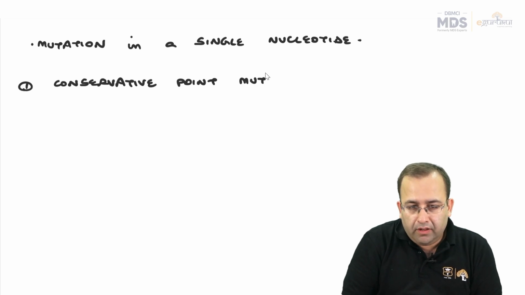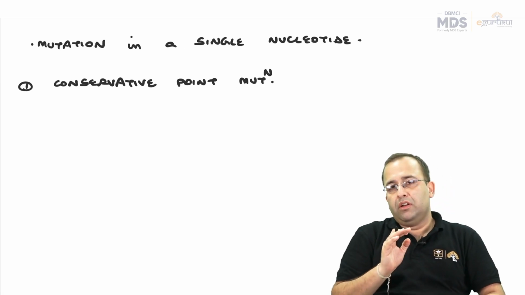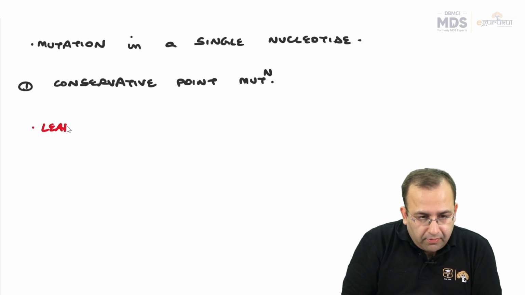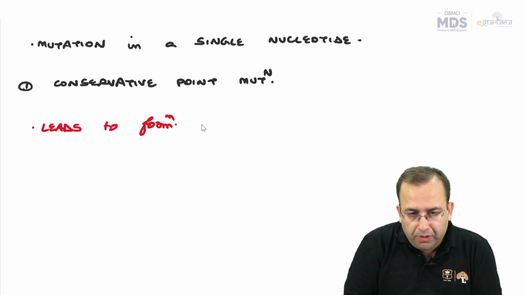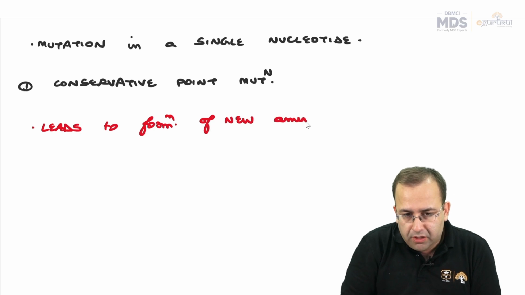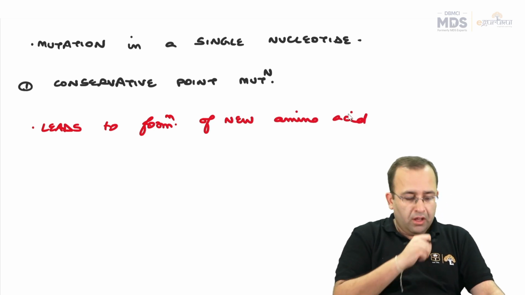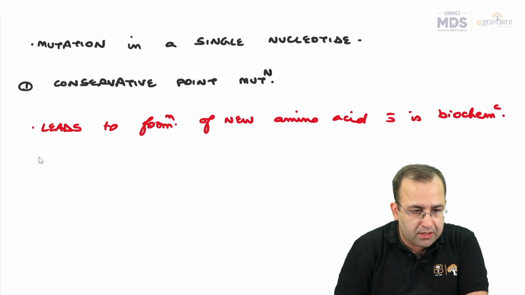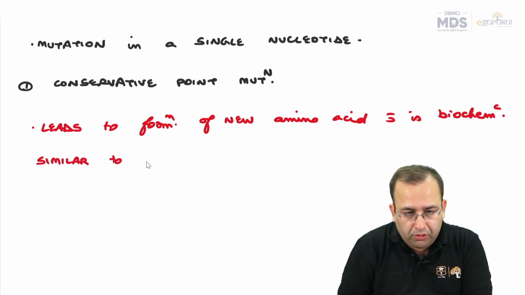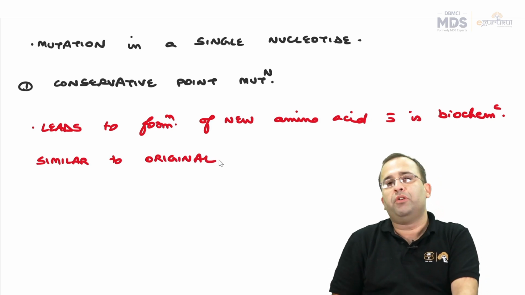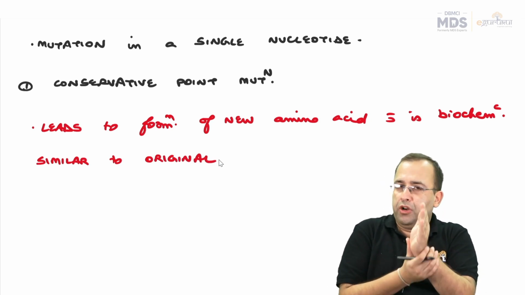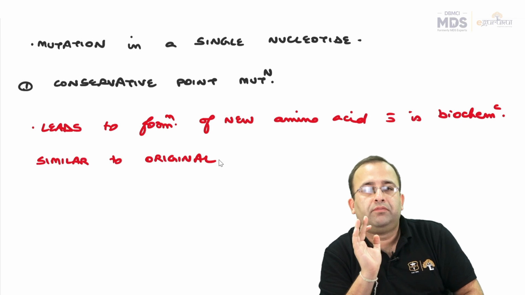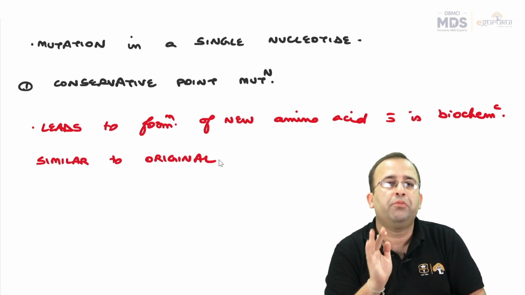A point mutation occurred, a single nucleotide is altered, which leads to formation of a new amino acid which is biochemically similar to the original. Biochemical function is conserved, so conservative point mutation.